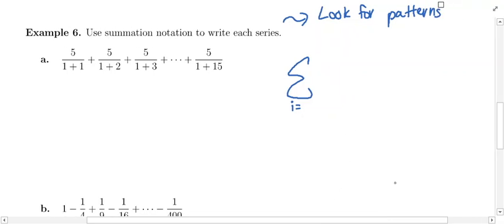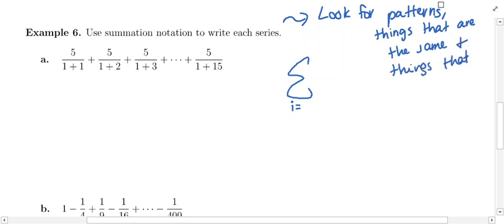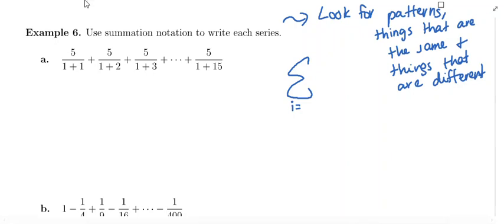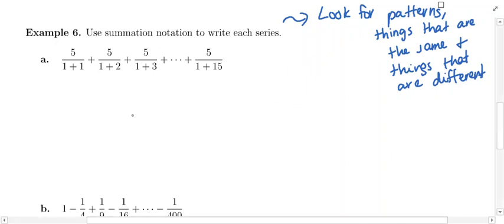Look for patterns: things that are the same and things that are different. Let me move this so I have more room. I've got my summation notation and I've got an index, but I haven't figured out where it's going to start yet.